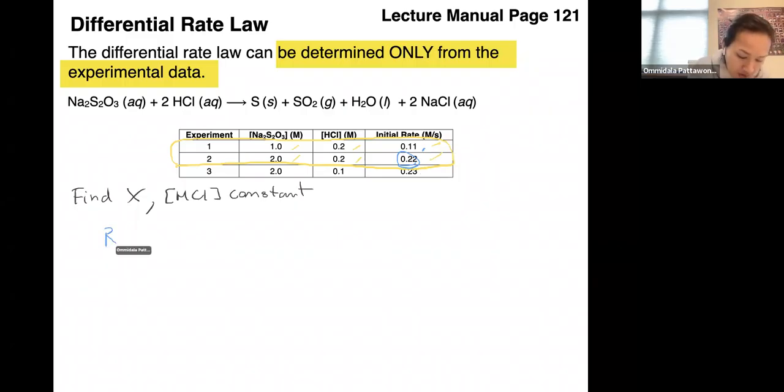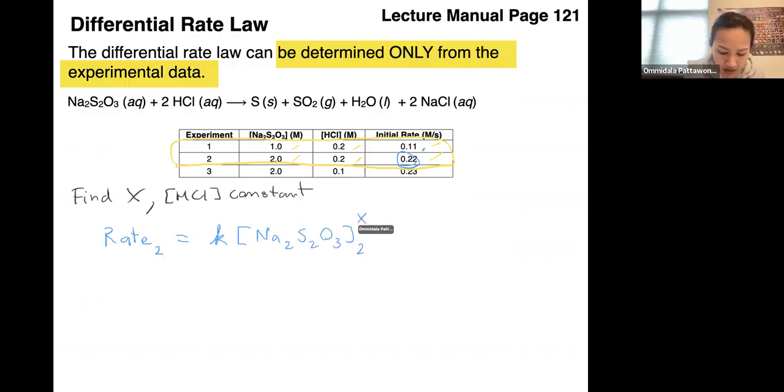So I'm going to set up the rate of experiment 2 equal to the K constant, which is the rate law expression that we wrote out earlier, times the concentration of sodium thiosulfate from experiment 2 raised to X, multiplied by the concentration of hydrochloric acid from experiment 2 raised to Y. And you are going to divide this by the rate from experiment 1.